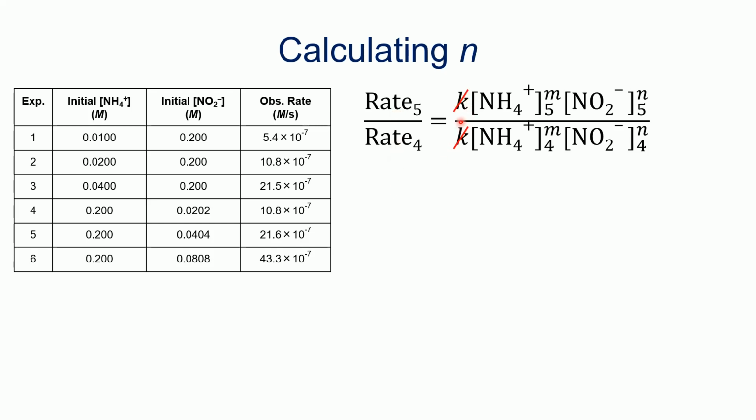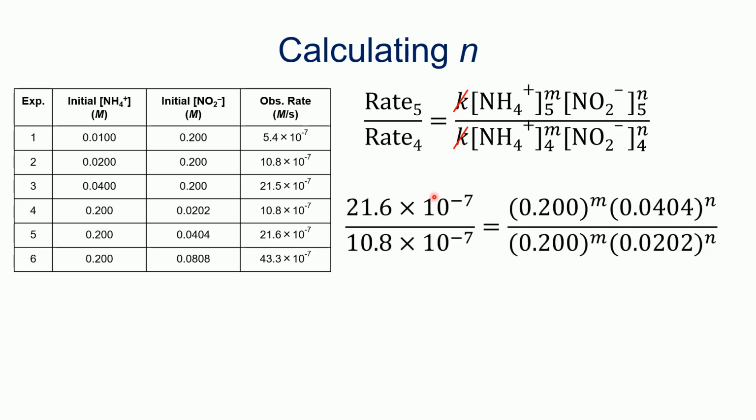Again, we can cancel out the rate constant k, because the only thing that changes the rate constant is changing the temperature. So we'll put the values in for experiment 5 over experiment 4. So here, rate for experiment 5 over rate for experiment 4. So those are those two values.